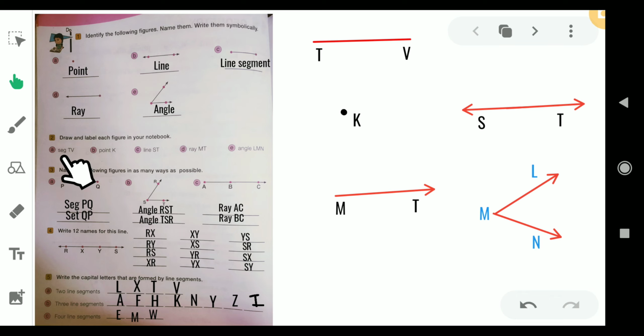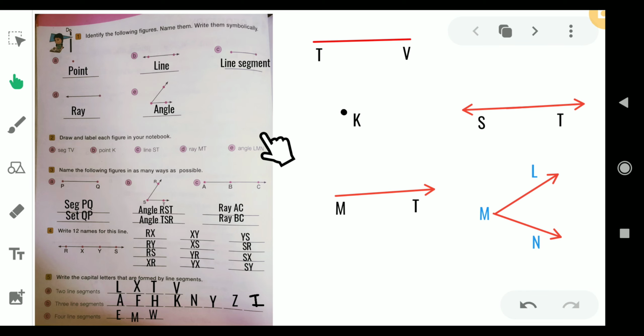So first we need to draw a segment TV. See here, we have drawn this segment TV, and we have taken the points T and V on this segment, and we have represented this symbolically. So line segment TV is represented like this. Next, how are we going to draw point K? It's so simple.